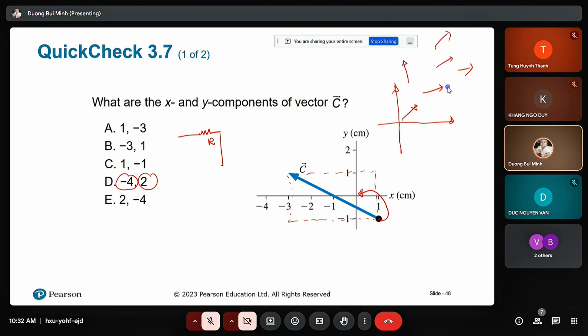Maybe you studied this in high school? You only know XC, the reactance? Maybe in high school.